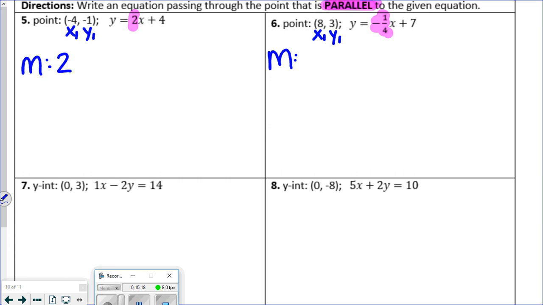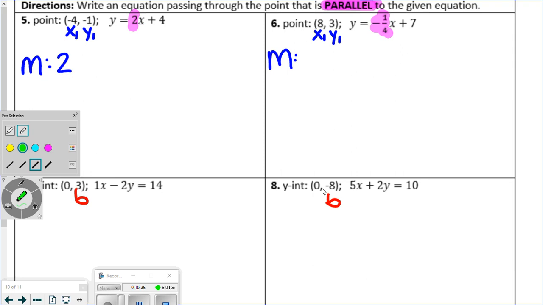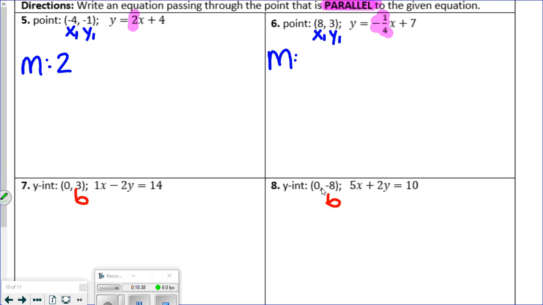Question 7 and 8, they give you the y-intercept, which is your b value. So I can write these in slope-intercept form, y equals mx plus b. But I do not know my slope yet because it's not in slope-intercept form.